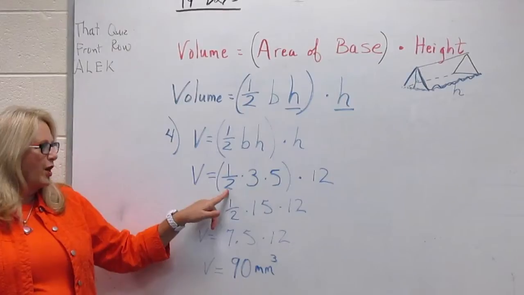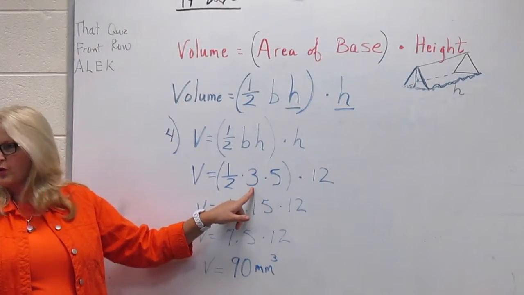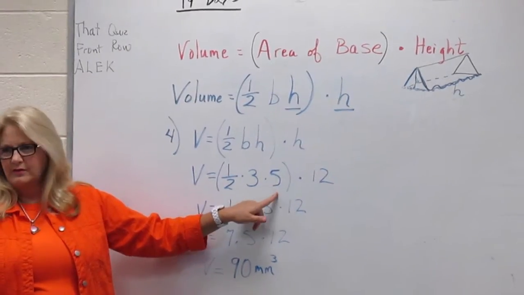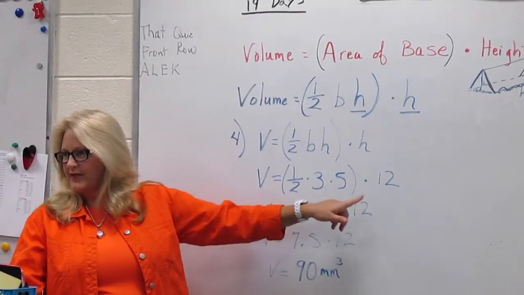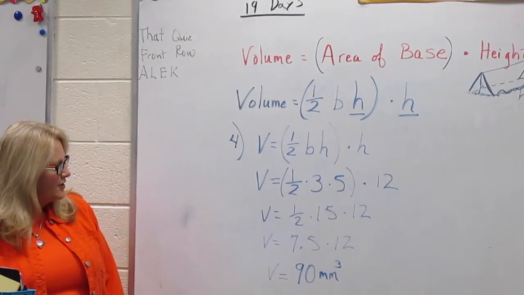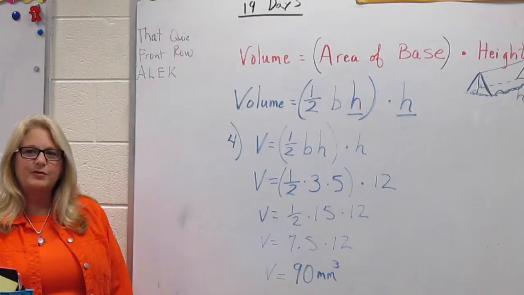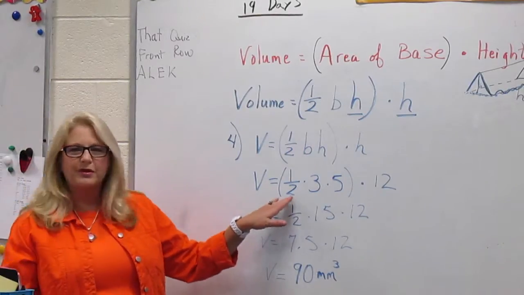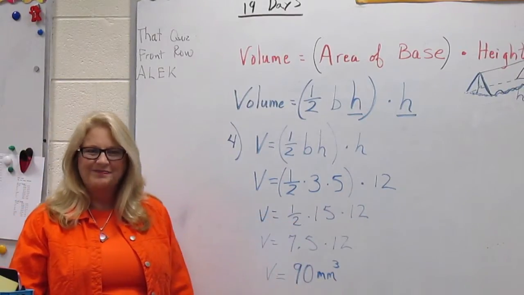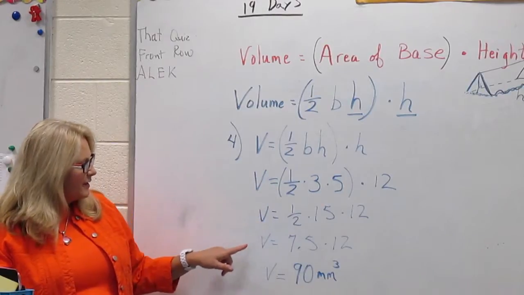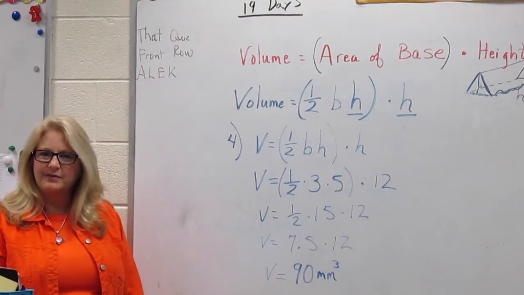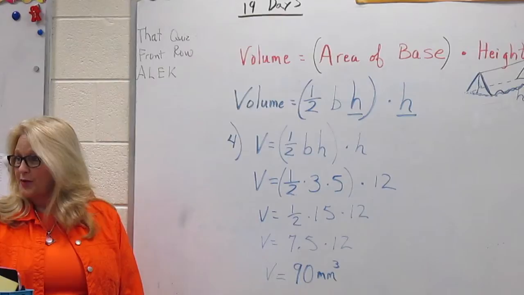Now, could you have done 1/2 of 3, which is 1.5 times 5, right? Could you have done all of that? Yeah. And so, because of what property? The commutative property lets us decide. So you probably multiplied different things together, correct? Since I was using mental math up here at the board, that's the way that it made sense to me. But we all got 90, which is what we needed.